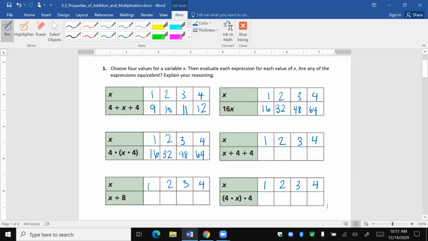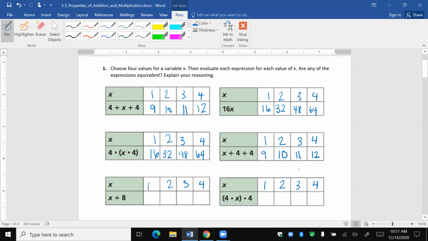Okay, plugging this one in here. 1 plus 4 is 5, plus 4 more is 9. Plugging in 2, we will get 10. Plugging in 3, we would get 11. Plugging in 4, we would get 12.